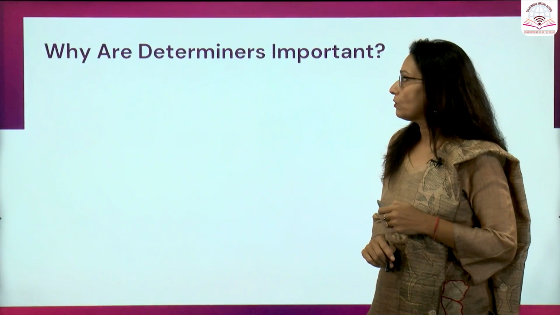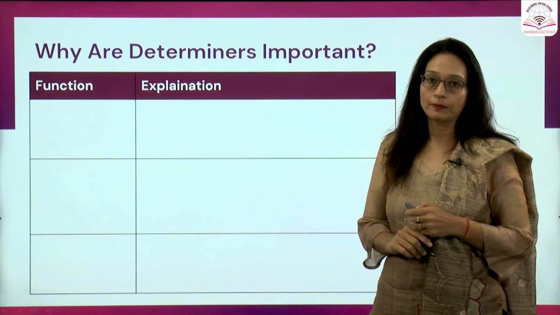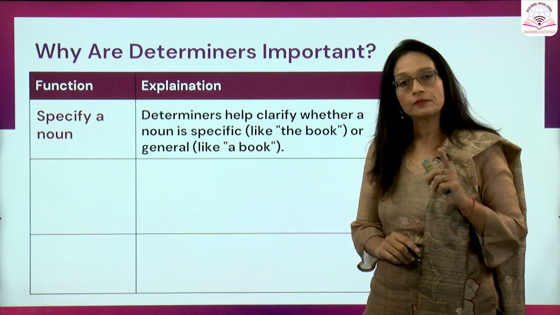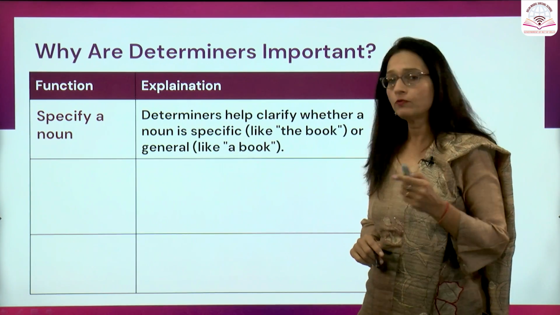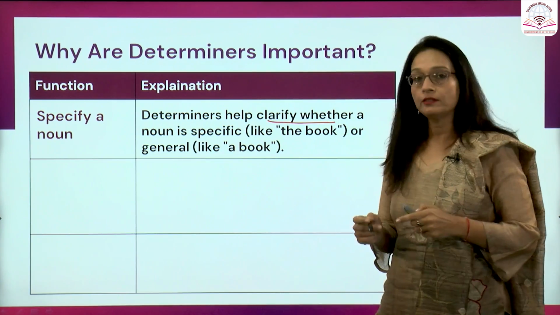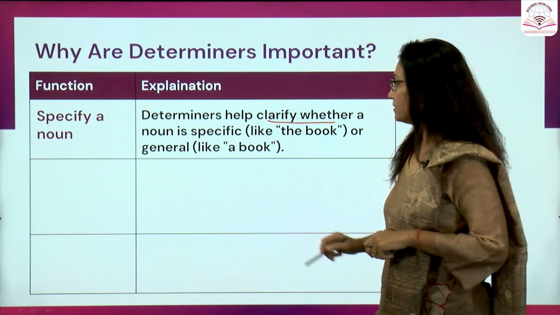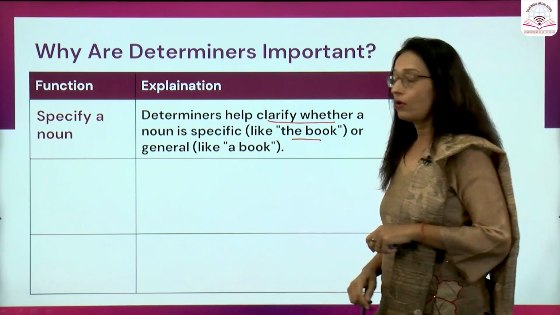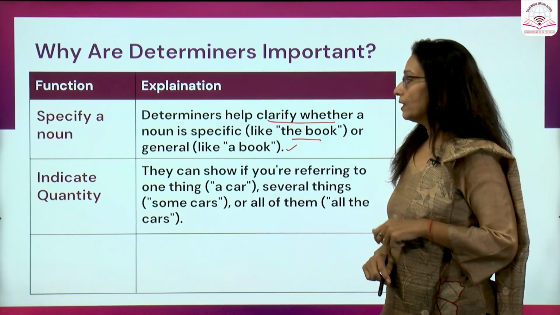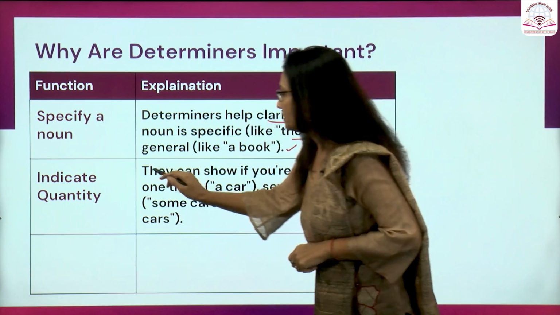So let us talk about the importance of determiners. So the very first importance is that they specify a noun. What do we mean by that? Determiners help clarify whether the noun is specific, as in the book, or general, like a book. They also indicate quantity.